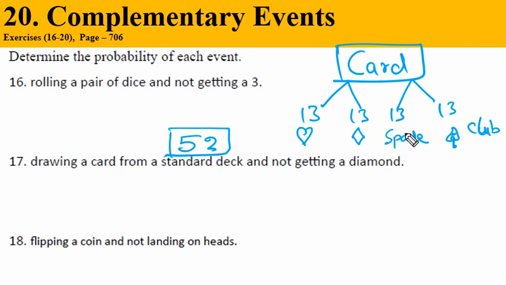And spade is a black one. Spade is black. The club is also black, right? And what about the diamond? Diamond is red, and the heart is also red. So 26 red, 26 black, 13 heart, 13 diamond, 13 spade, 13 club. Total how many? 52. Good.